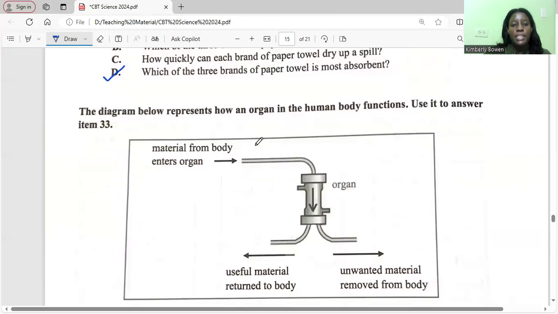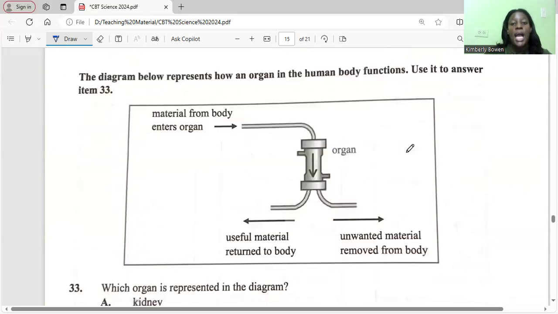This is also a repeated question. We did this in the 2023 paper. I'm not gonna go through it. This is representing the kidney.